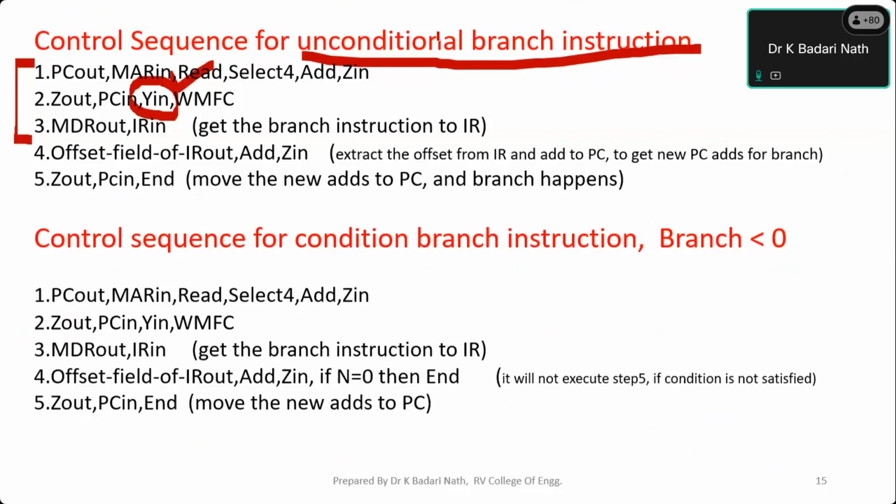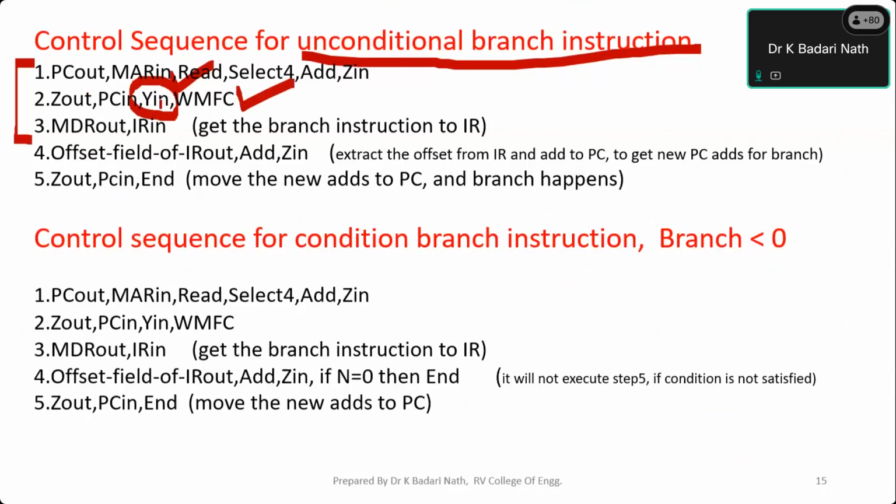Sometimes, in the case of a branch instruction, it is used for the addition of an offset value. Whenever we access the program counter, in this case I am incrementing it by 4 and writing it back into the program counter. That means the second step adds to the program counter and keeps the new value in the program counter.